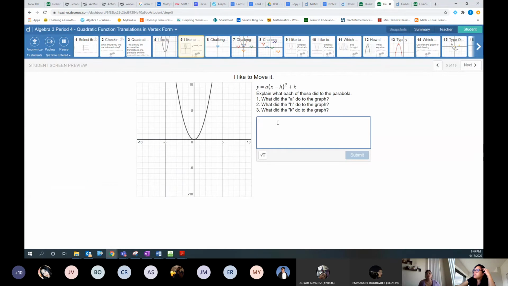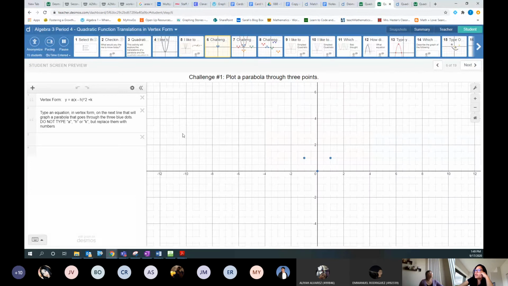And then on the fifth, you're just going to describe the changes that each of these letters does to the form. Okay.